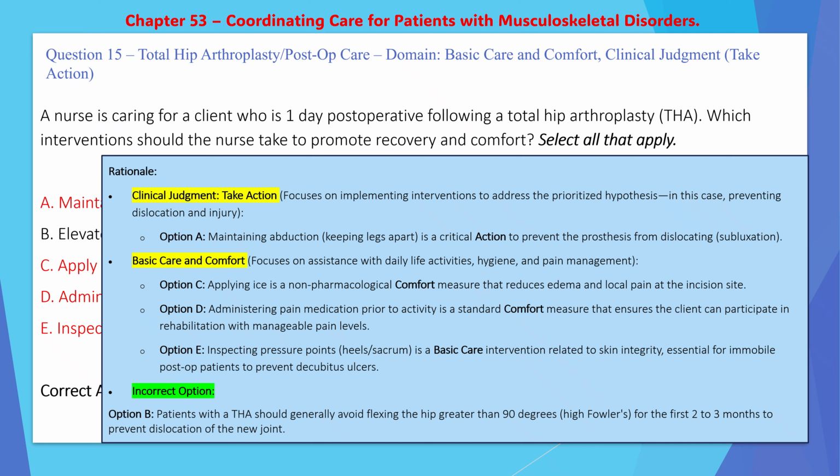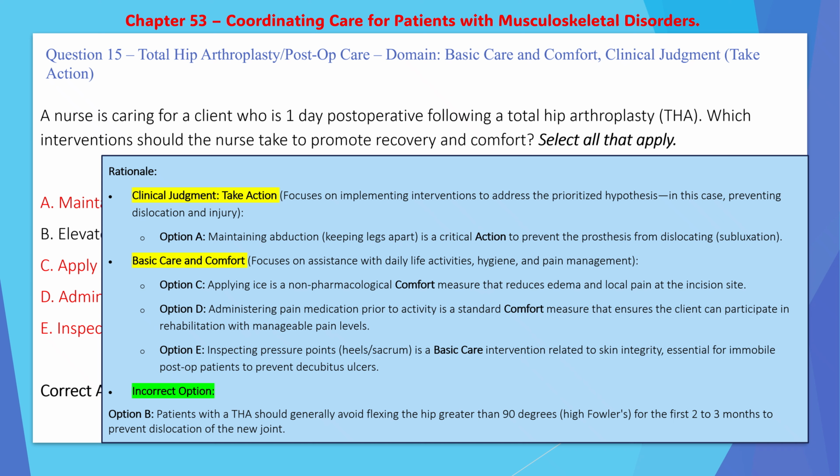Option E, inspecting pressure points on the heels and sacrum is a basic care intervention related to skin integrity, essential for the immobile post-op patient to prevent decubitus ulcers.